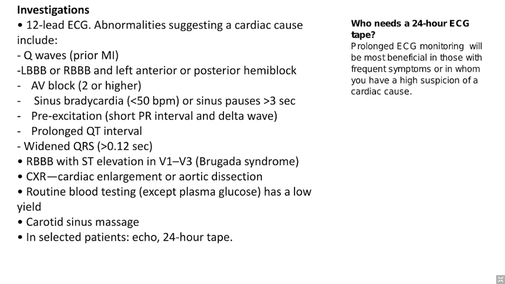Right bundle branch block with ST segment elevation in V1 to V3, and we suspect Brugada syndrome. This channelopathy may cause very dangerous arrhythmias, for example, ventricular tachycardia, and ventricular tachycardia, of course, may cause syncope.